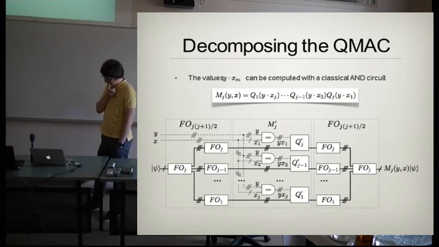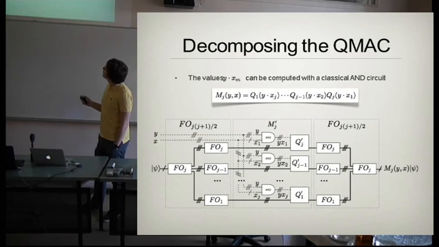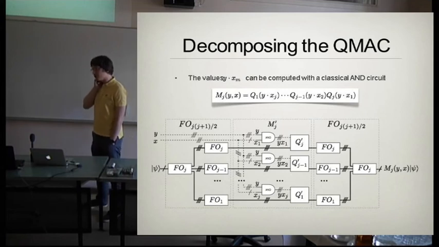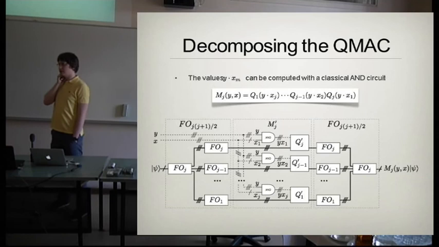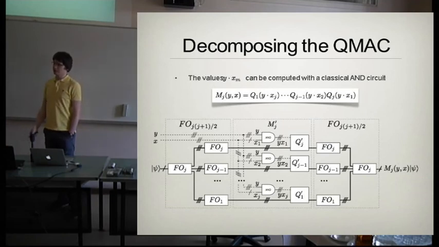Note that the depth of the MJ subcircuit is just 1. We need to perform one parallel AND and one application of QJ, which, as we saw from the last slide, is just one computational step.